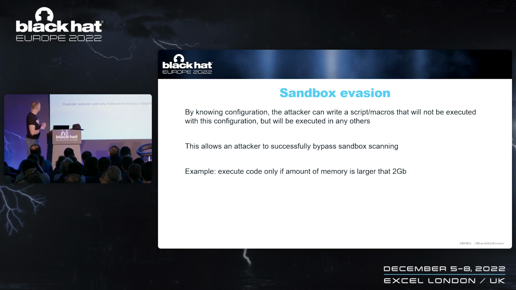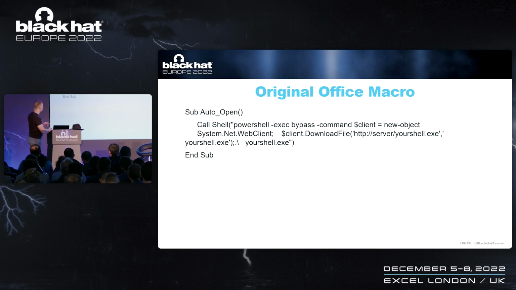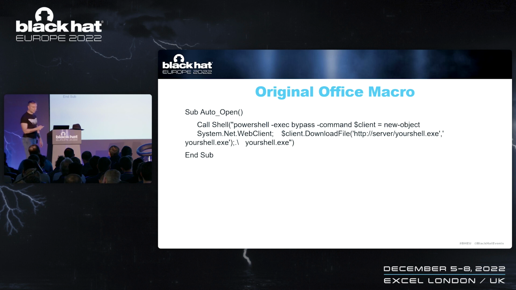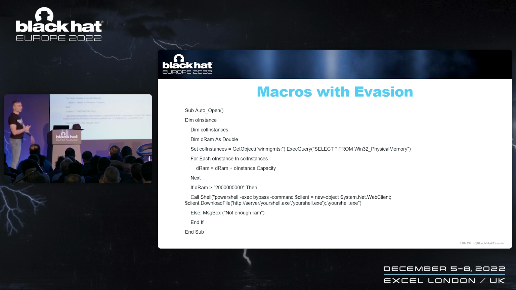So what can we do here? We can execute code only if the amount of memory is, for example, larger than 2 gigabytes. Here is an example of an old macro. And here is the macro with evasion.